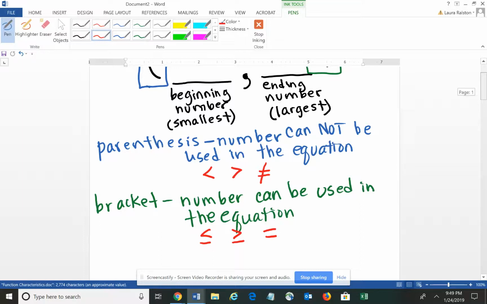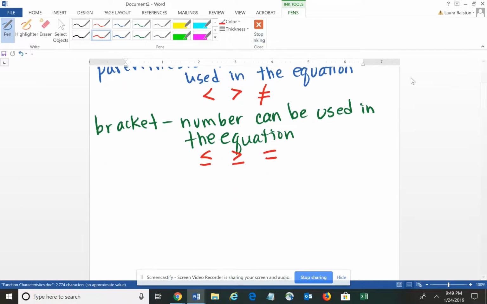The other thing that you need to know about interval notation is our number system goes on forever and ever. Our numbers get larger and larger and larger. The word we use to describe that is infinity. Typically, if we use just the word infinity, we're implying it's going forever in the positive direction.